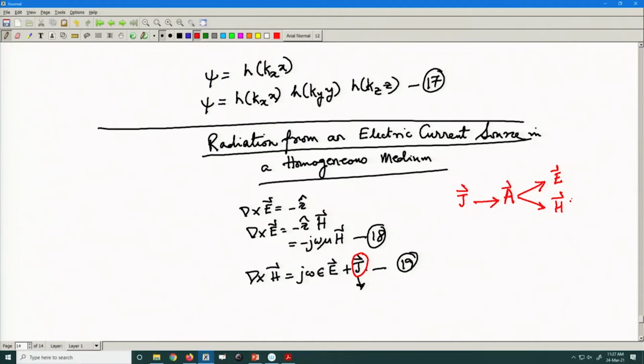So, the direct computation of the electric and magnetic fields from the current source J is not possible.